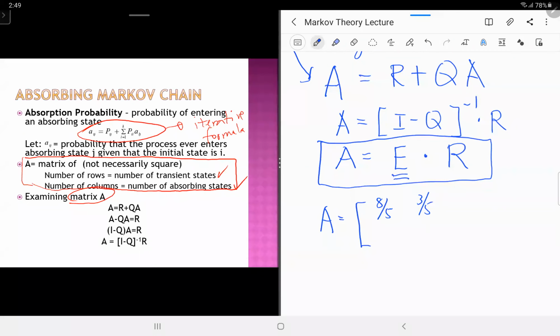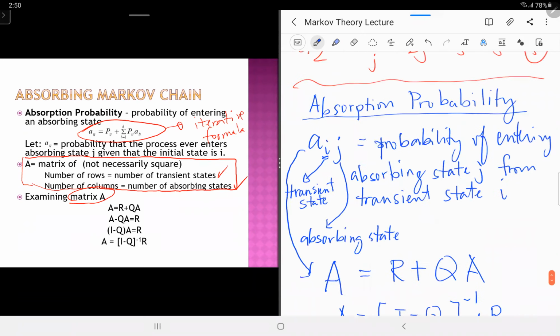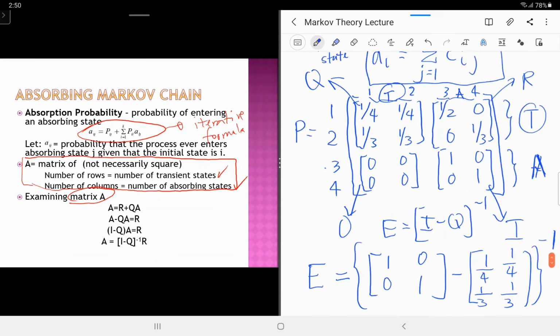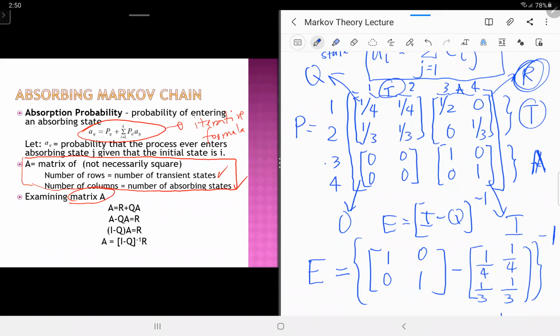This is your matrix E, and then 4 over 5, and 9 over 5. And then your matrix R, okay, what is your matrix R? From your original transition matrix. So here, where is R? Here. This is your R. Okay, so that's 1/2, 0, 0, and 1/3.